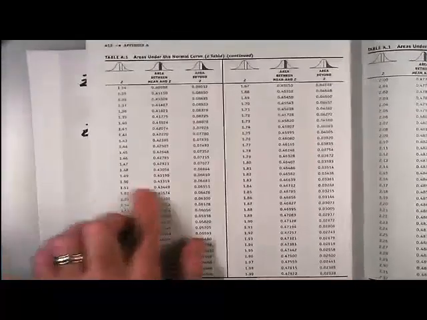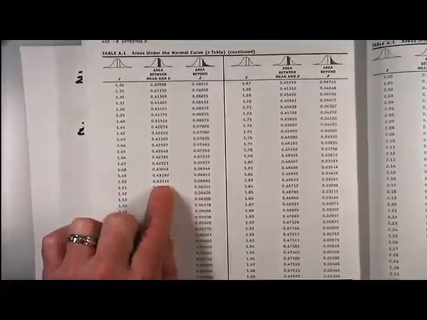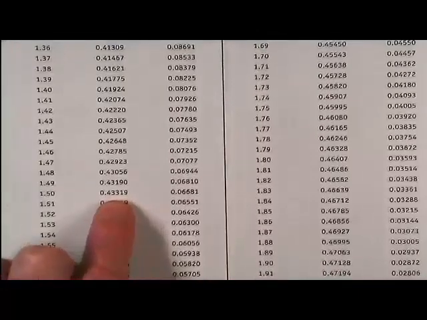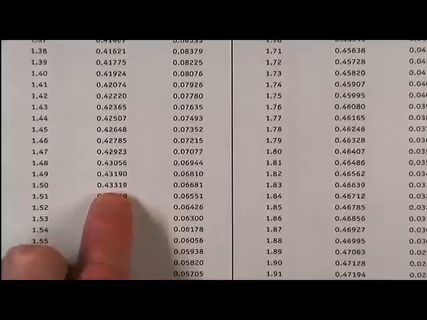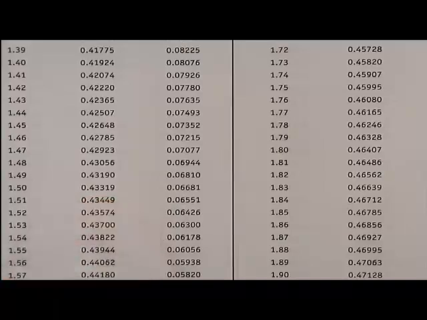So here's my 1.5, and it says 43.319. So if I were making this a percentage, what would I say? 43%. Not enough decimal places. 43.32%. Yep, 43.32%.